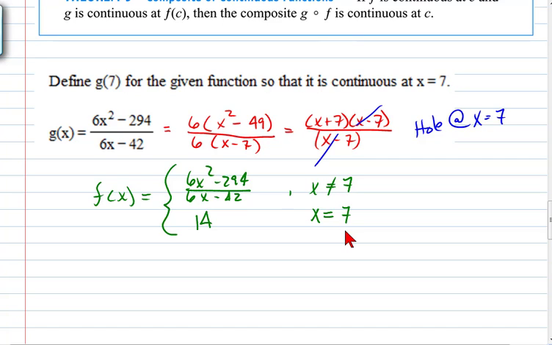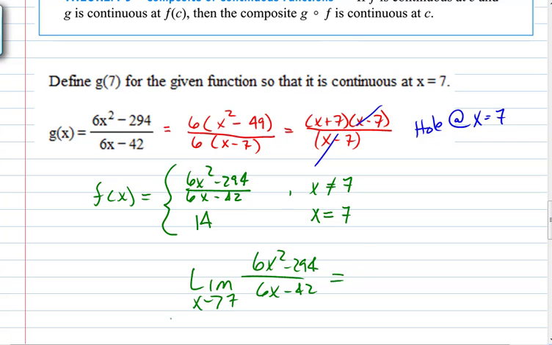Remember, this was the way that we evaluated our limits: we reduced the fraction and then used direct substitution to figure out what the limit was. So once we reduce the fraction, I need this limit as x approaches 7 to be defined.